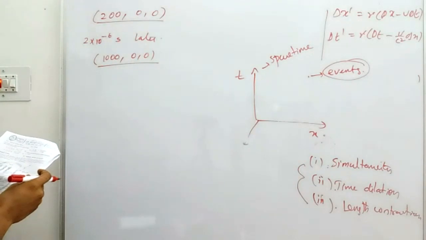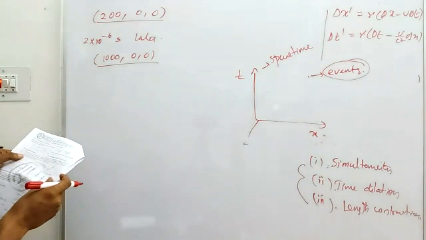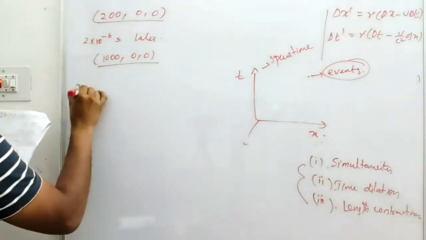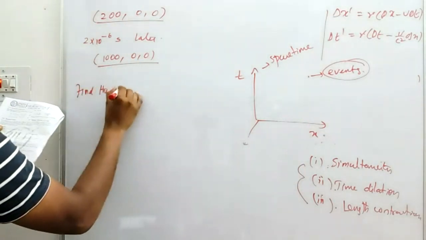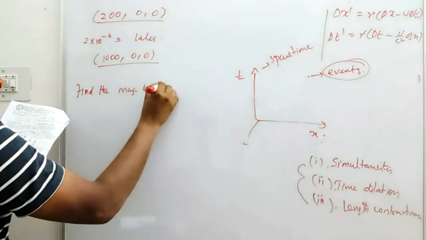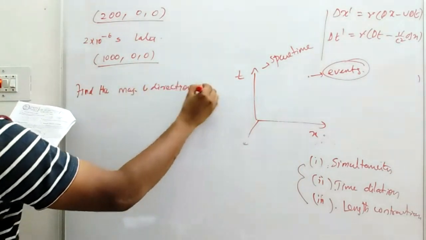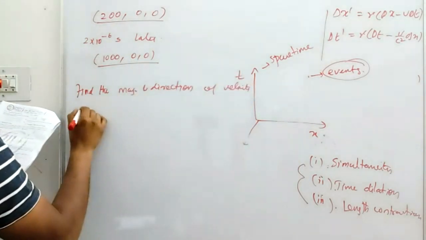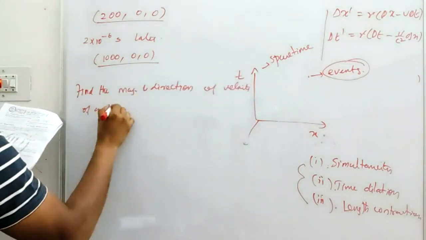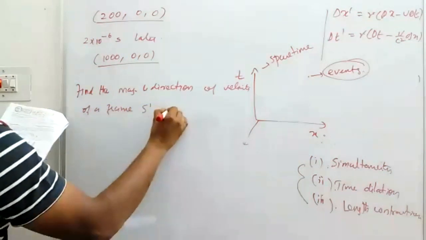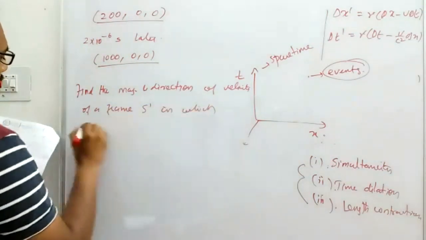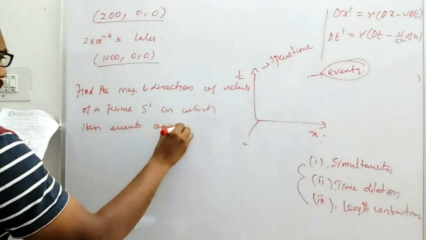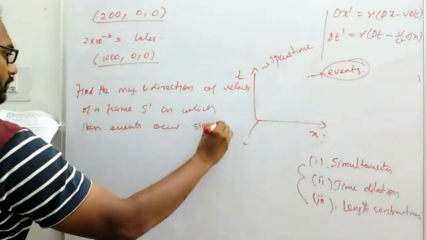Find the magnitude and direction of velocity of a frame S prime in which these events occur simultaneously.